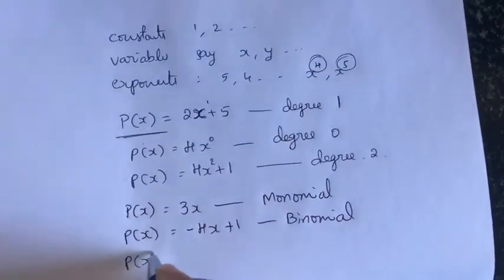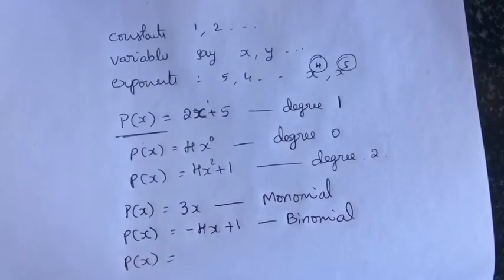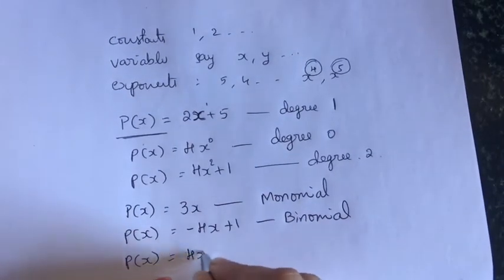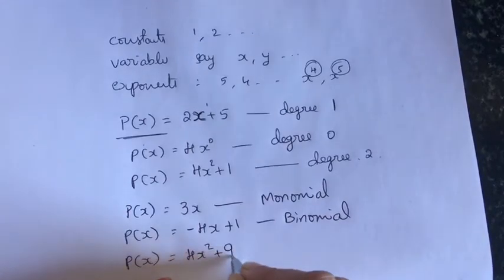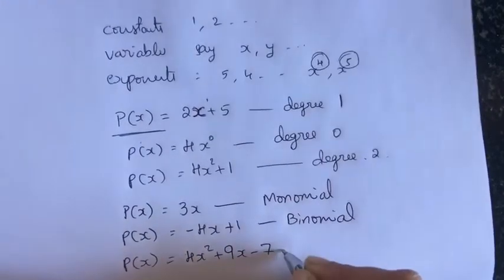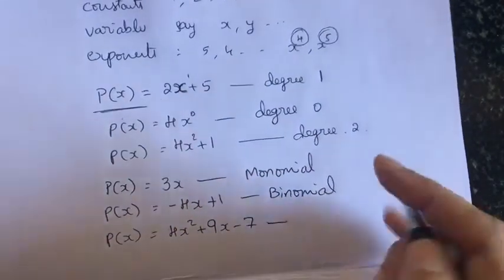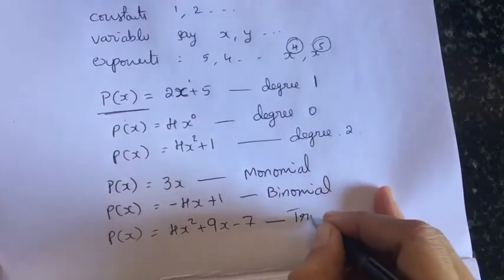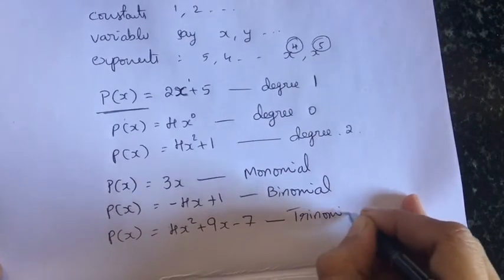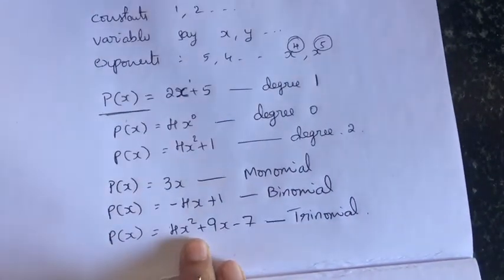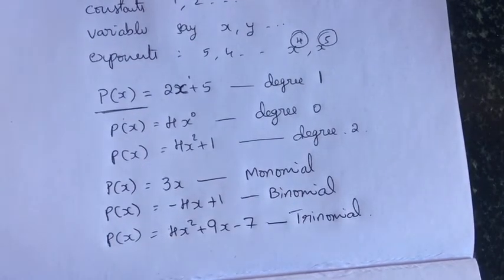And if it has three terms, like say 4x square plus 9x minus 7, then it is called trinomial. So these are nothing but the types of the polynomial.